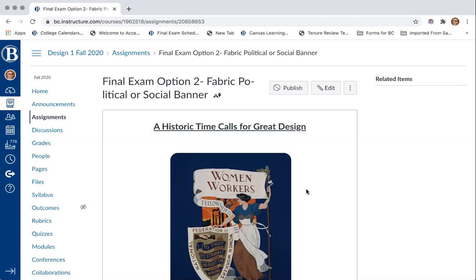Okay, everybody. So one of your choices for your final exam is this fabric political or social banner project that I'm hoping some of you will investigate.